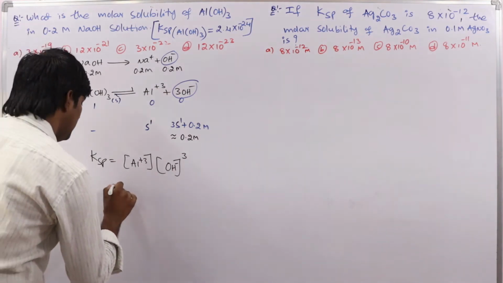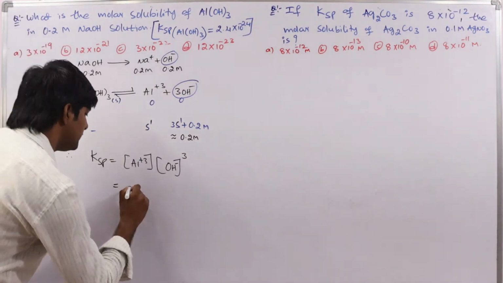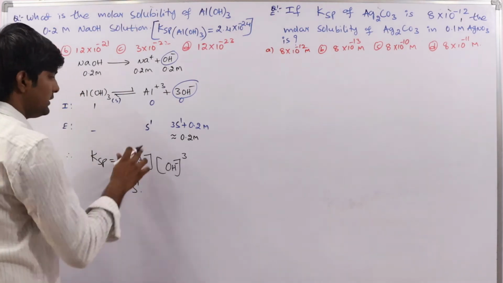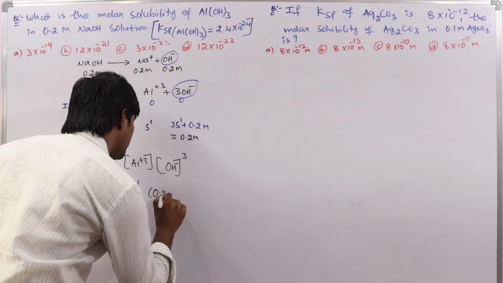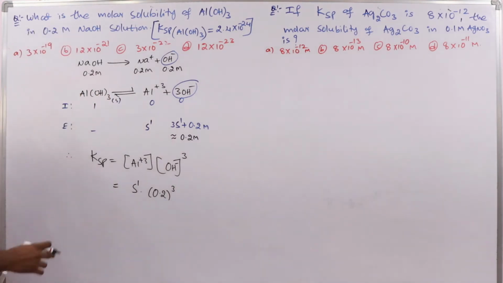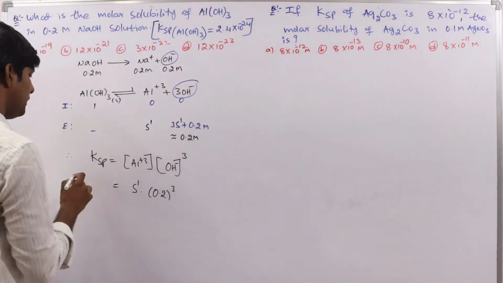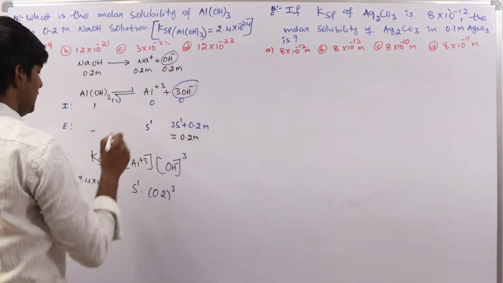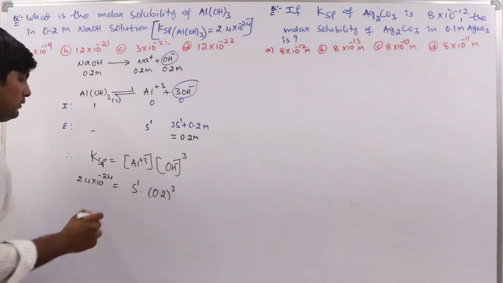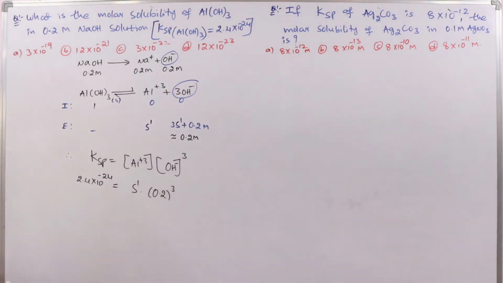Here the aluminium plus 3 concentration is S dash, and OH minus is 0.2 whole power 3, and KSP is provided in the problem, that is 2.4 into 10 power minus 24.